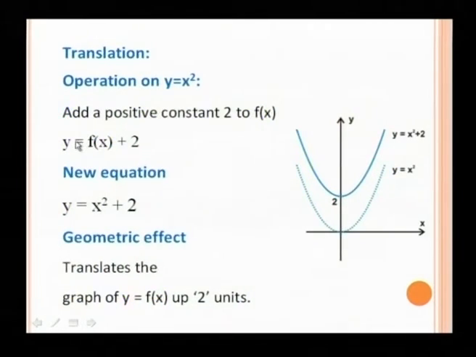So the equation becomes y is equal to f of x plus 2. In this way, we get a new equation as y is equal to x square plus 2. The geometric effect of this change is translates the graph of y is equal to f of x up 2 units, as we have added 2 in the function.